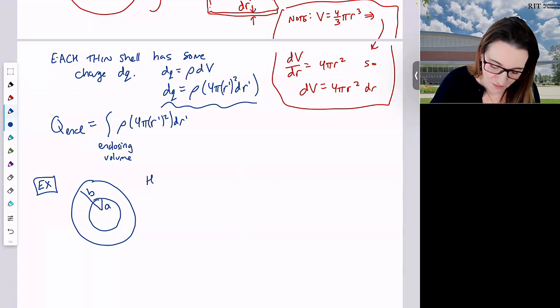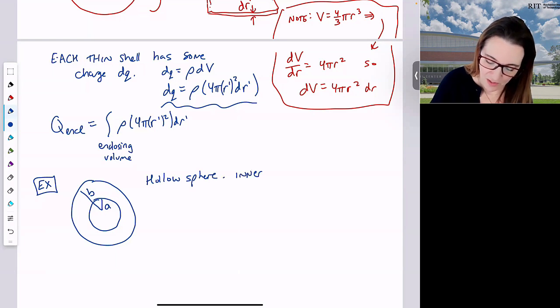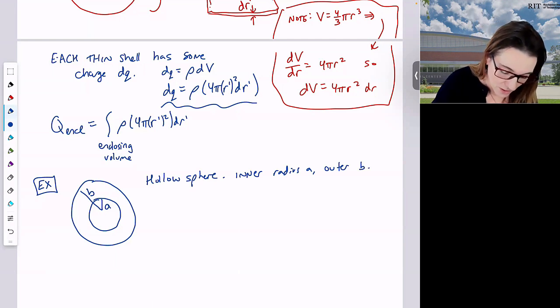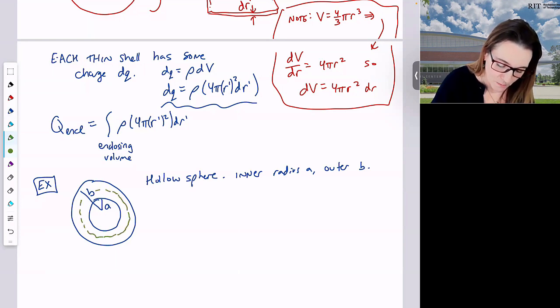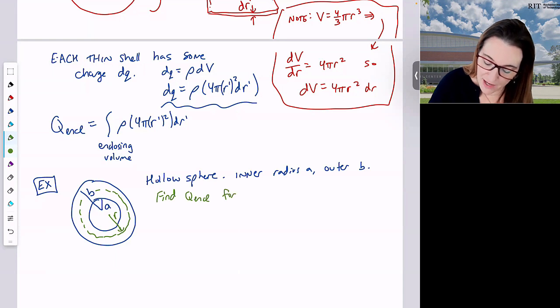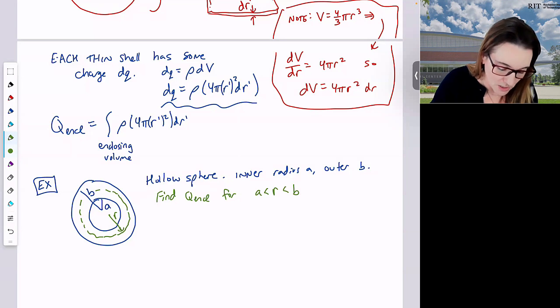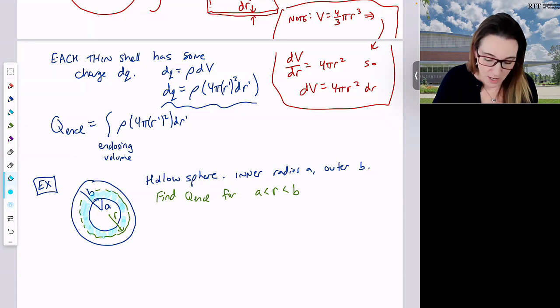So a hollow sphere, inner radius A, outer radius B, and I want to know, say in this scenario, the charge enclosed by some Gaussian surface that has a radius in between A and B. So I want to find the charge enclosed in that space. And so again, I'm kind of shading in the visual of that space for us.